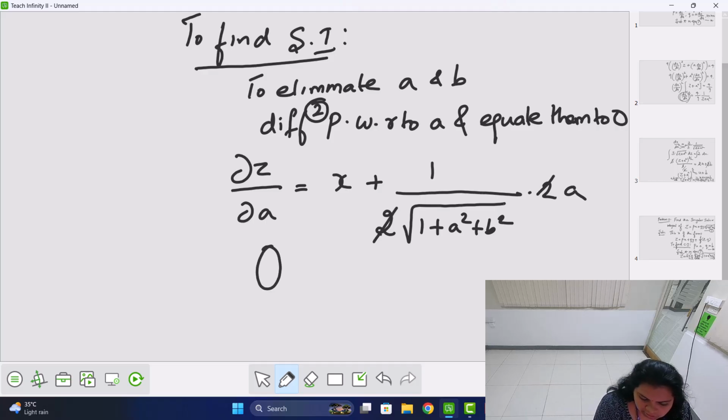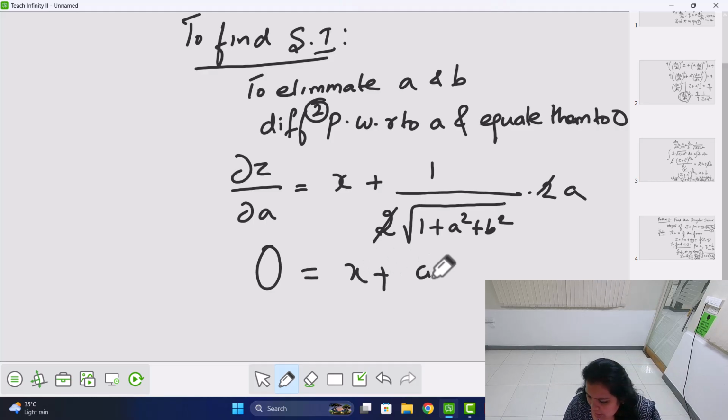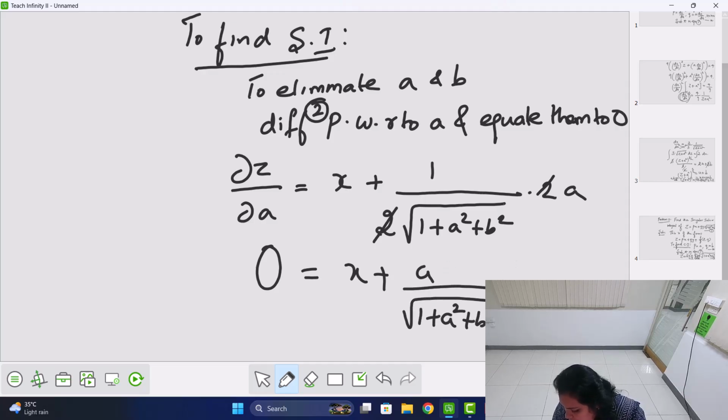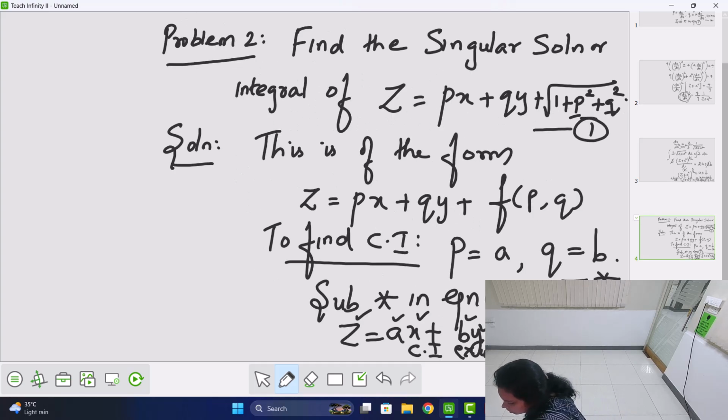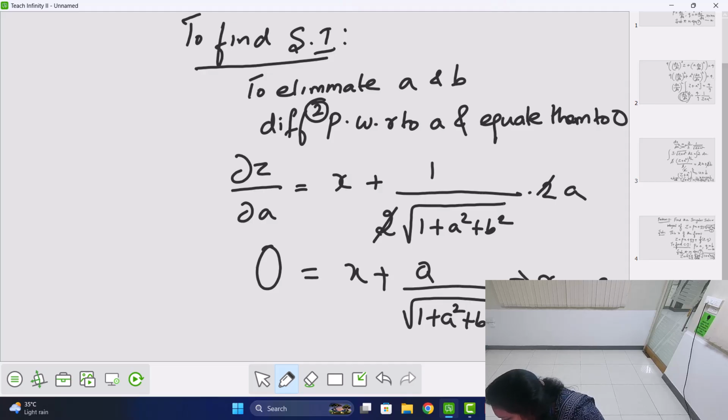So this is equal to 0: x plus a by root of 1 plus a square plus b square. From here we can find x is equal to minus a by root of 1 plus a square plus b square. Already we took equation number 2, so here we take this as equation number 3.